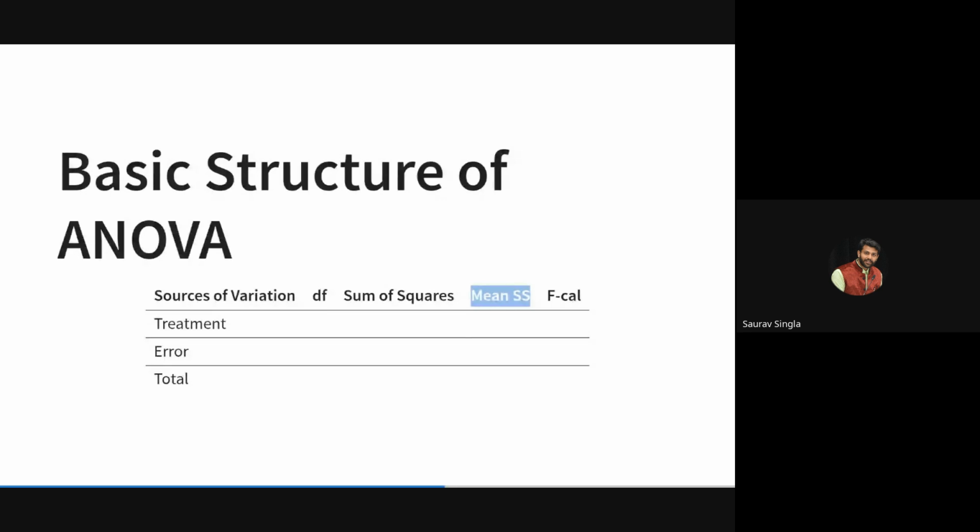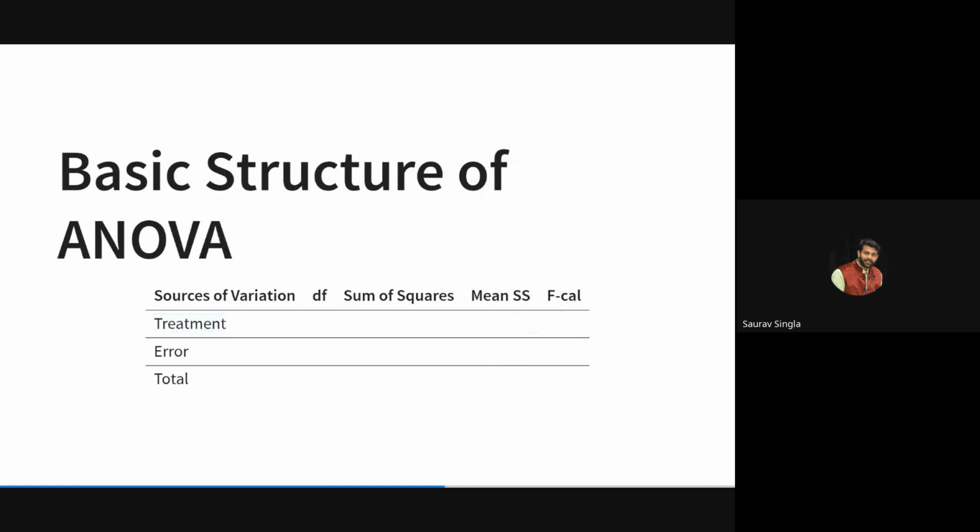The error mean sum of squares, which will come here in this table, will show you the variance caused by the error factors, and the treatment mean sum of squares, which will come here, will tell you the variance caused by the treatment, right?